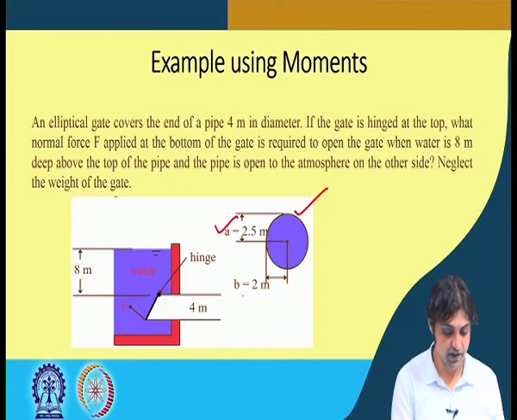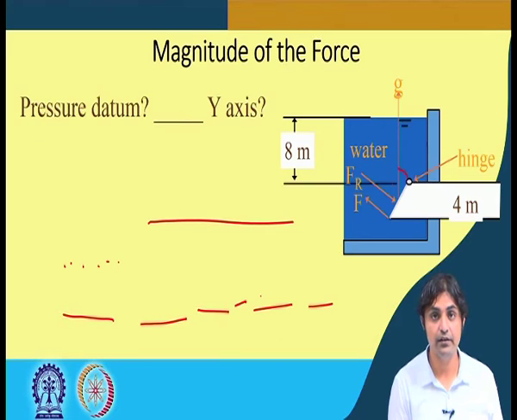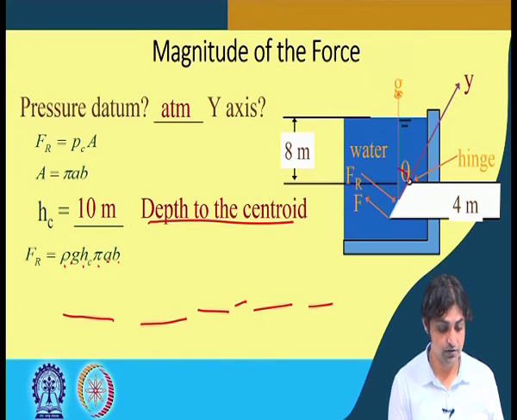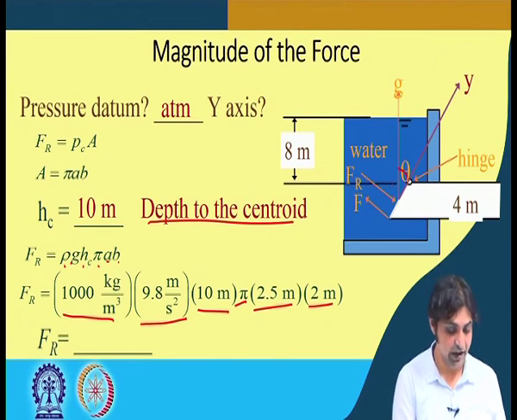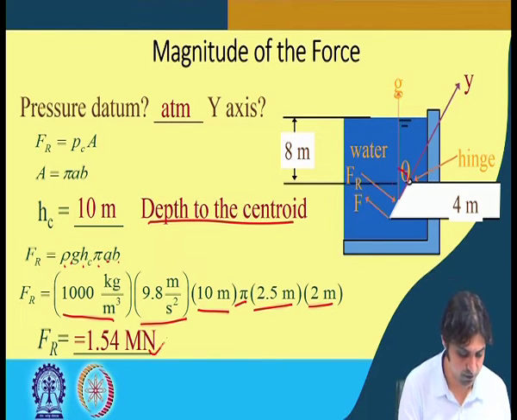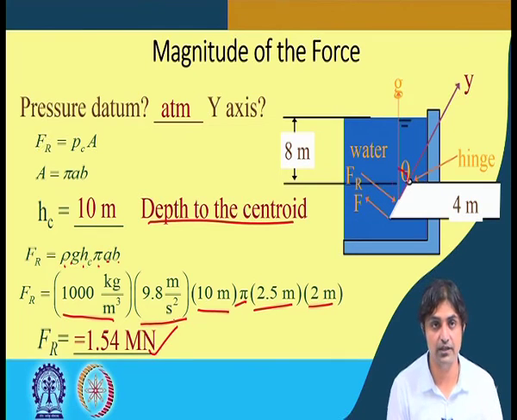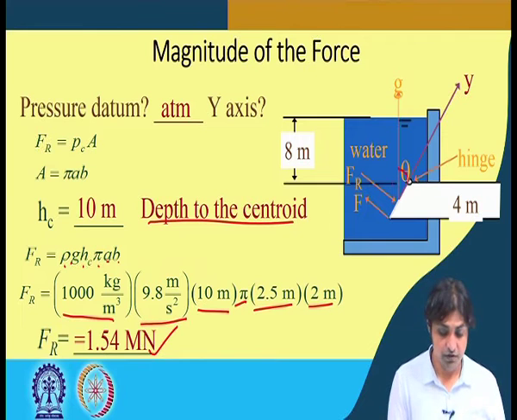A is 2.5, B is 2. So FR finally comes out to be 1.54 mega Newton. Very simple to calculate. Mega Newton is 10 to the power 6 actually. So fine, we proceed to the other part now.